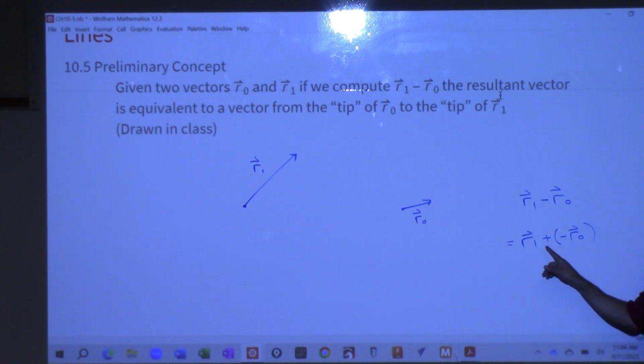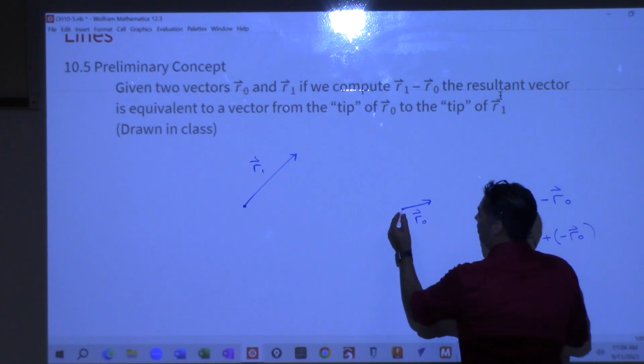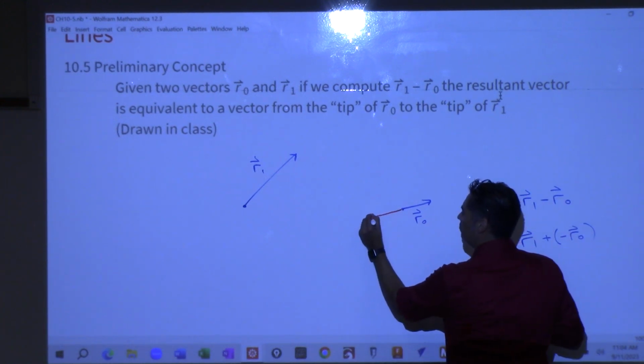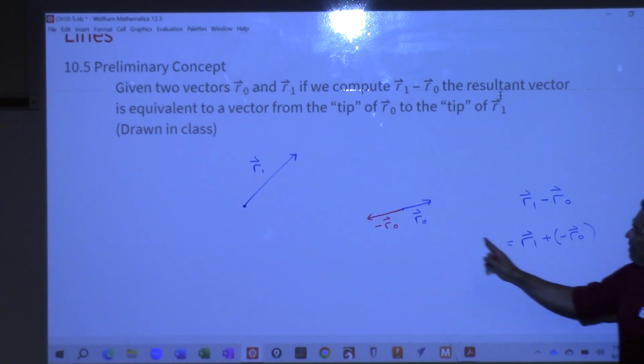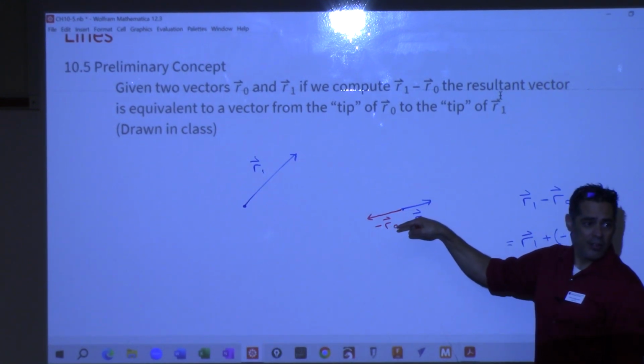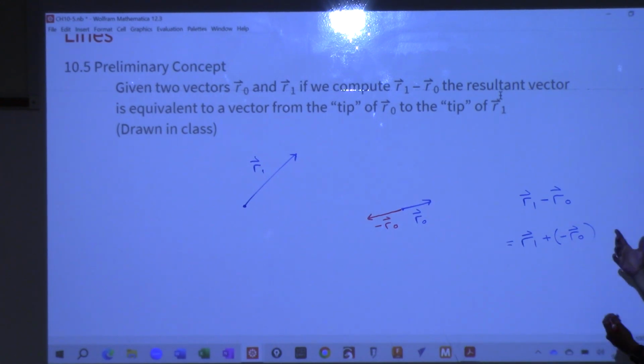So how do we add vectors? Parallelogram law, right? So I'm going to come over here. I'm going to take negative r naught. That's negative r naught, right? Because I need that over here. Negative r naught is r naught but pointed in the opposite direction, yes? And now what I'm going to do is vector addition.